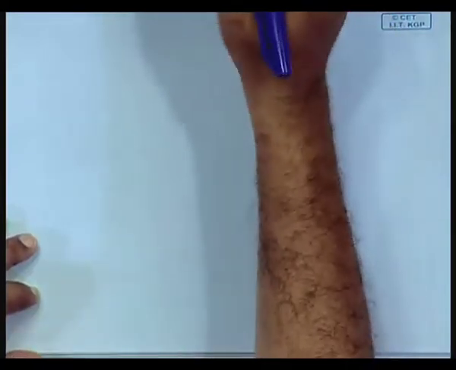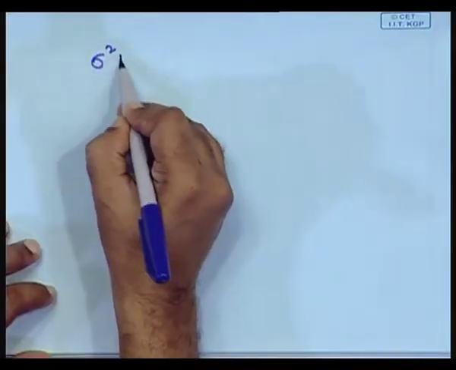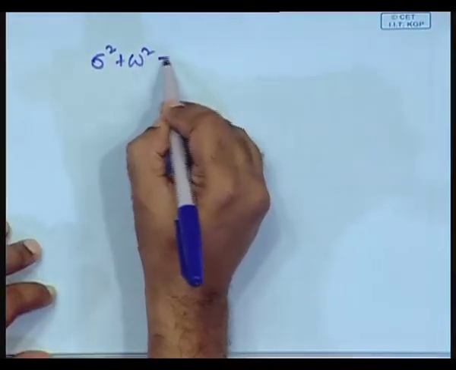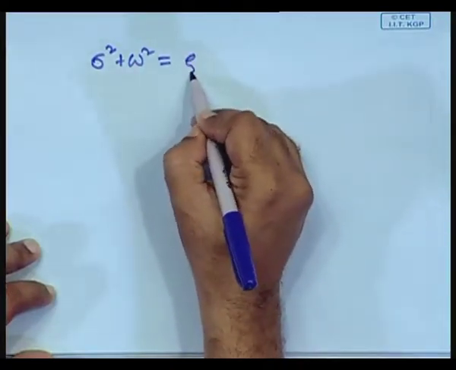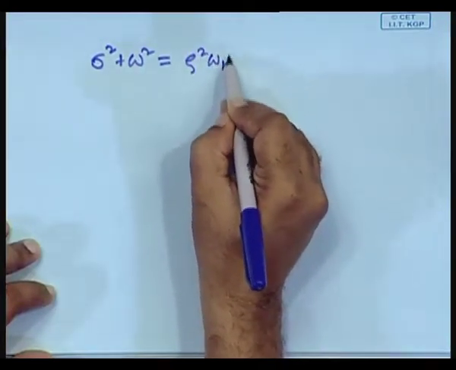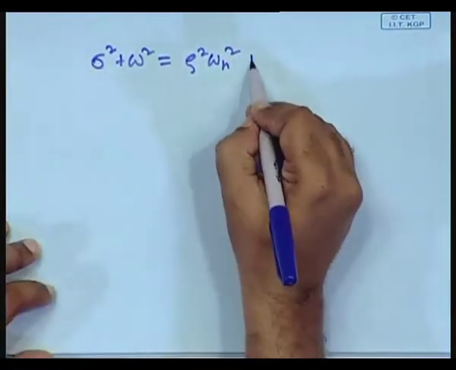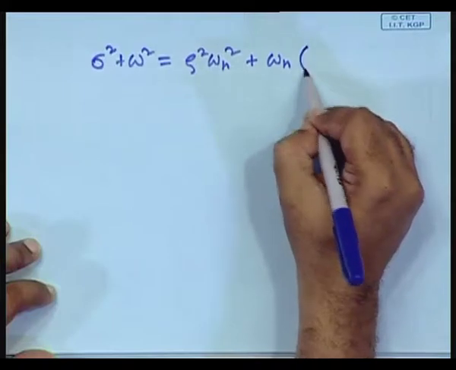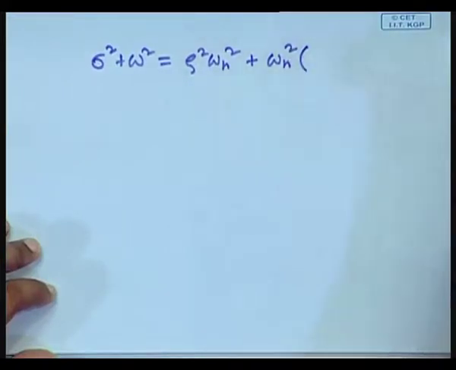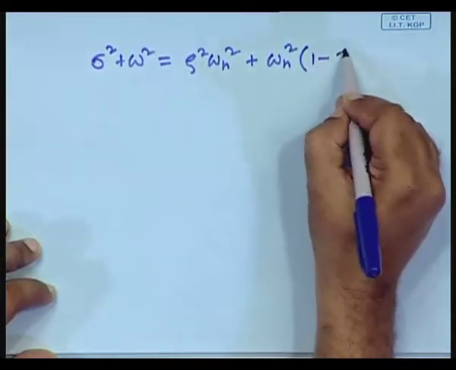Fine. Now, notice that when we chose these particular terms, they have the relation that if you write sigma square plus omega square, can you write that? What was sigma square? It was zeta square omega n square plus omega n square into 1 minus zeta square.